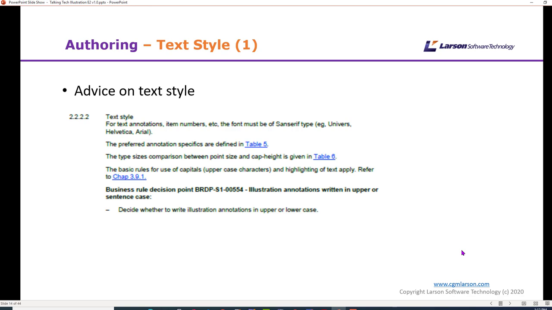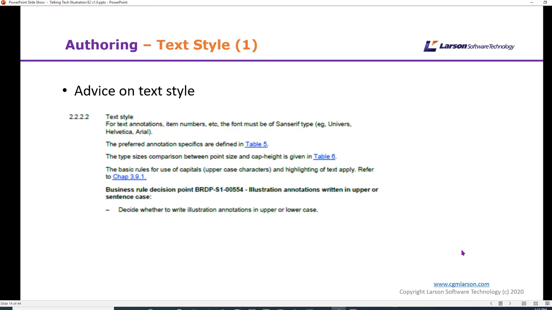Text style, again, is in this case quite simple. It will usually be Helvetica or Arial or Univers, so pretty standard typefaces. There is a business rules decision point about upper and lower case, the use of it, or sentence case.